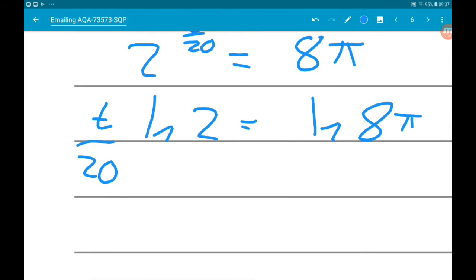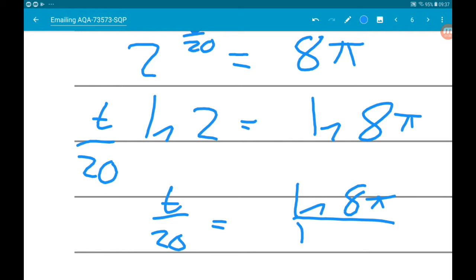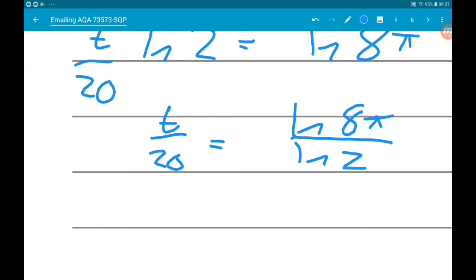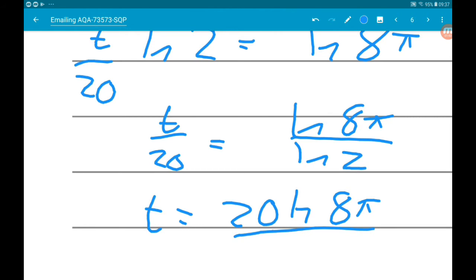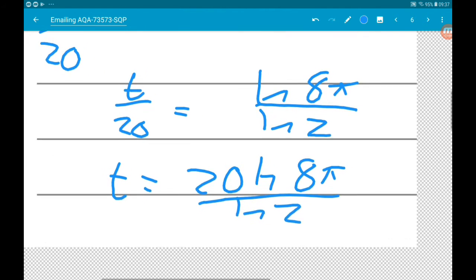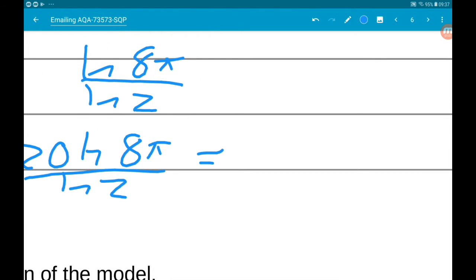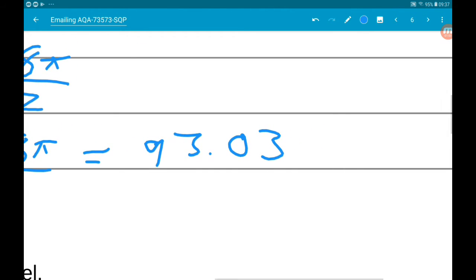Divide through by log 2, t over 20 is equal to log 8 pi over log 2. Finally, multiply through by 20, we get t is 20 log 8 pi over log of 2. Now if we go to 2 decimal places, you will get 93.03 days. Cool.